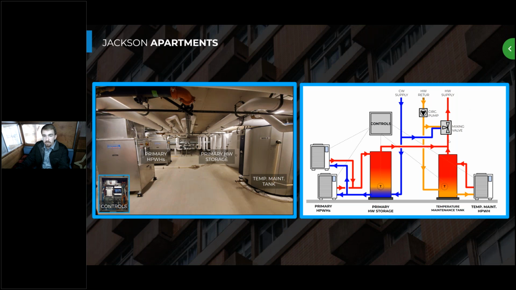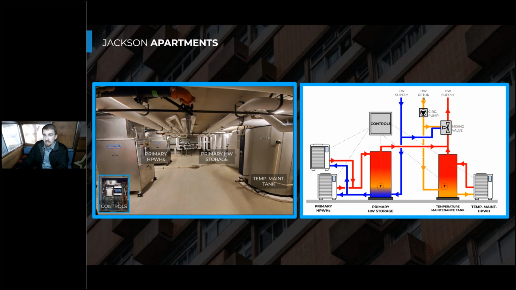So that's the big difference there, is in this system, when there's water being used by the building, this primary storage is not interfacing with this temperature maintenance tank to actively heat it up. This temperature maintenance tank has to consistently be heated by this auxiliary heater, whether there's usage or not.